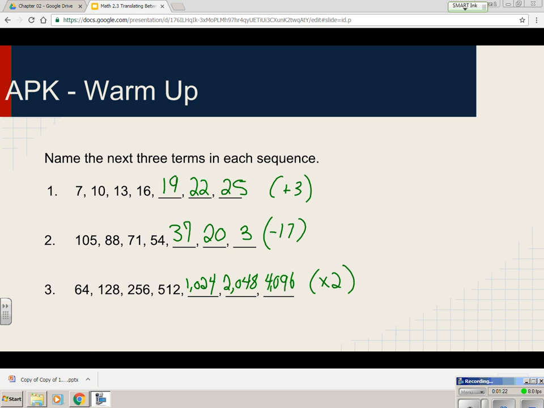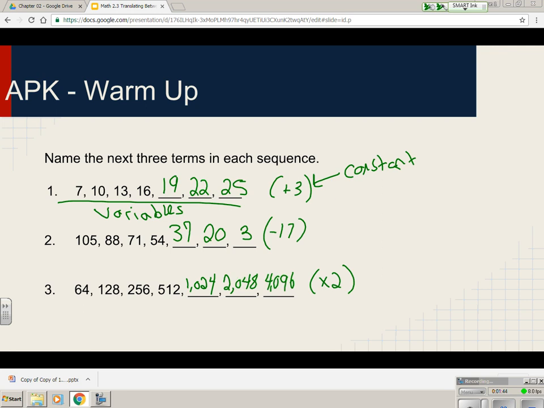So if we considered these variables, that would mean that it could change every single time. If those are variables, this is a constant. And constants tell us what we do every single time.